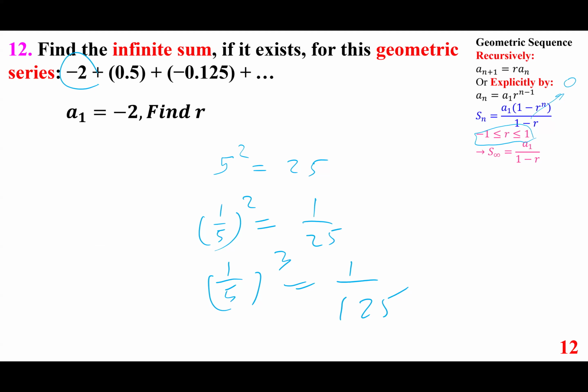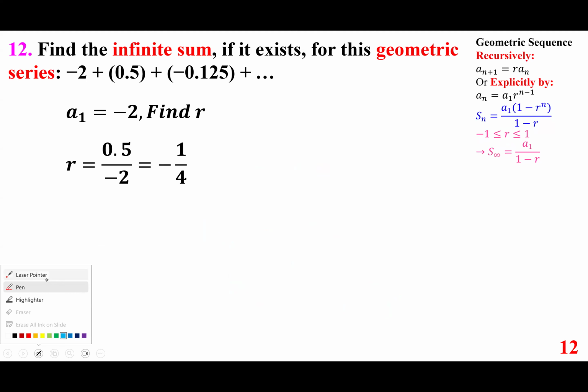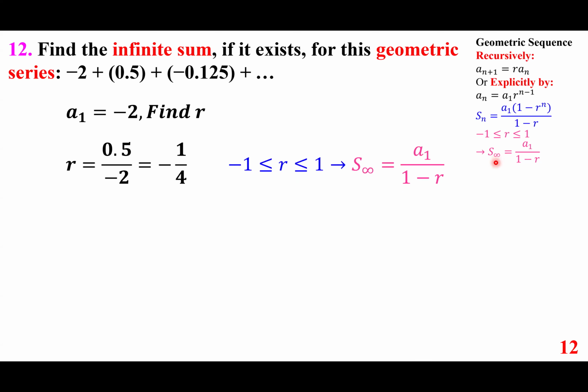Also, you really have to, let me erase my work. You really have to check, just in case, dividing this one by this one, and this one by this one, and check that it's correct. It's -1/4. Because R is between the two, we are going to use S sub infinity.